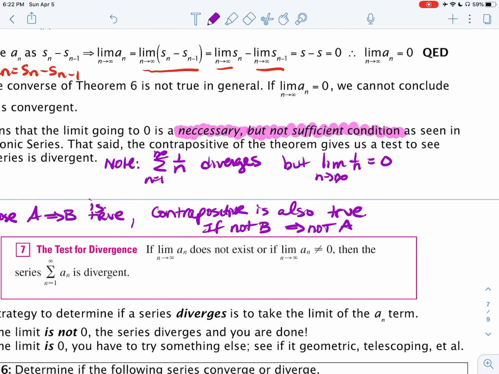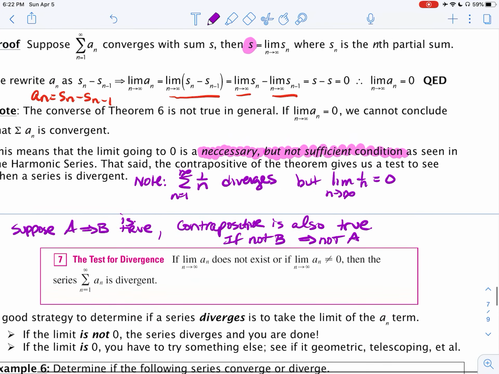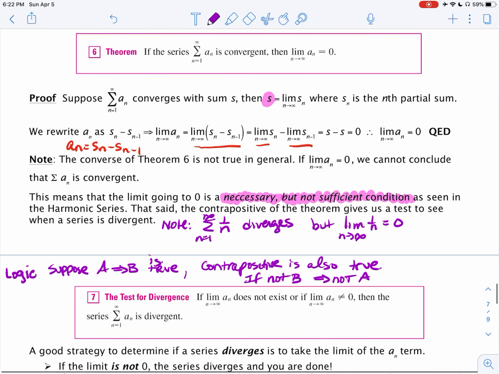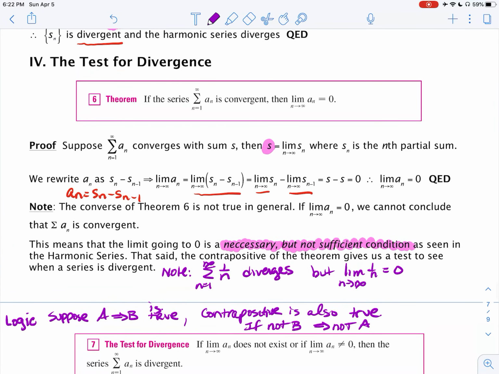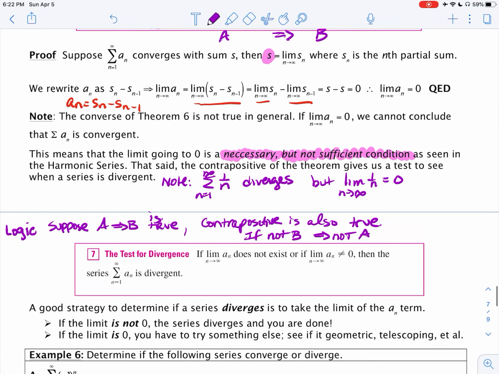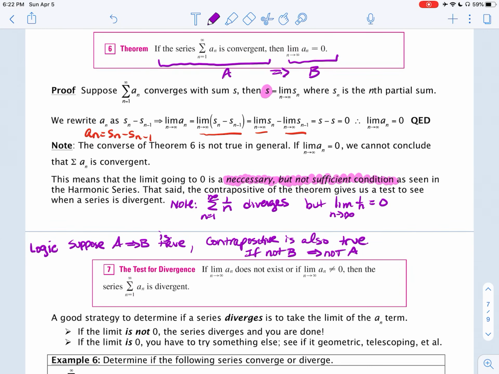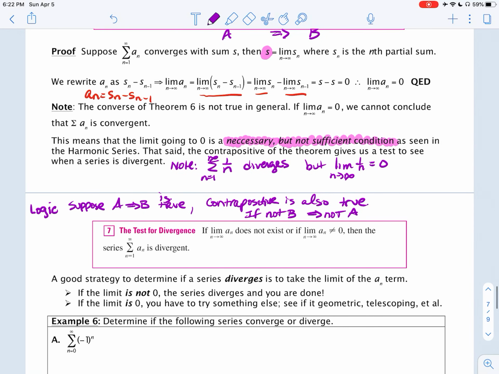Not B is going to imply not A. So if we take a look at this, A implies B. So if your series is convergent, that's my A, then is my implication, and this is my B. Then the test for divergence is what is the opposite of the limit equals 0, right?